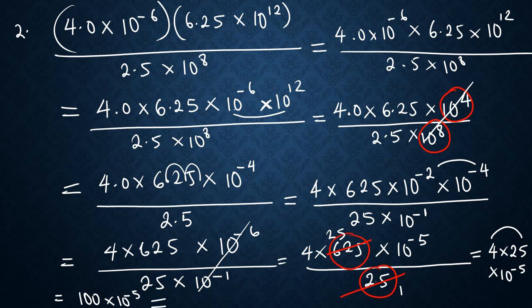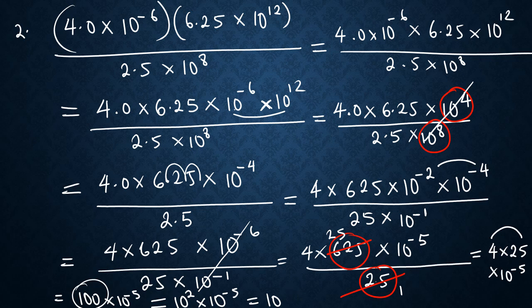Notice that 100 is just like 10 to the second power. So 10 to the second power times 10 to the negative 5. Here again, we can combine the exponents since we have the same base. It will be 10 to the negative 3, which means positive 2 plus negative 5, and positive 2 plus negative 5 is exactly negative 3.